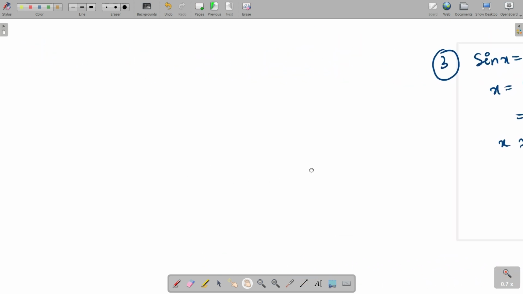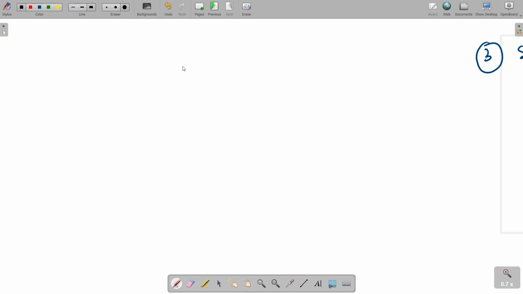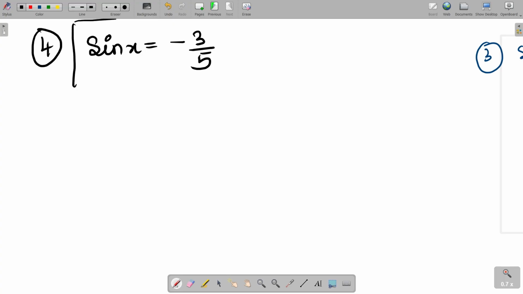I'll give you a question for you to practice. So you just try it out whether you are able to get it. So here is the question. Sine x is equal to negative 3 by 5. This is the fourth question. See whether you're able to find the value of x.